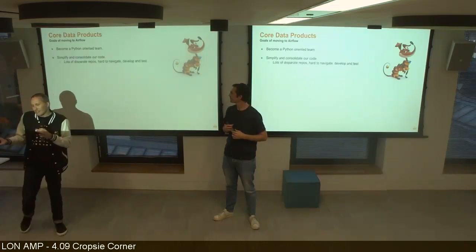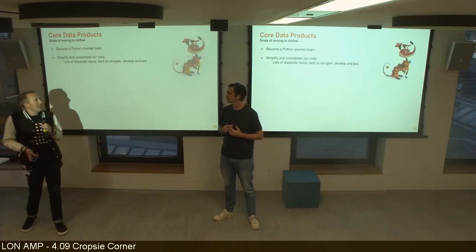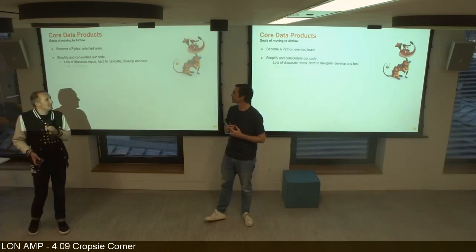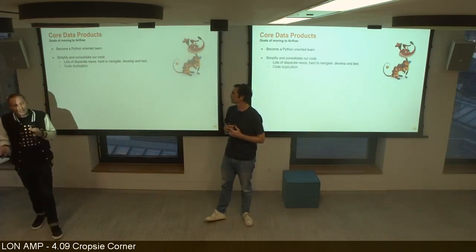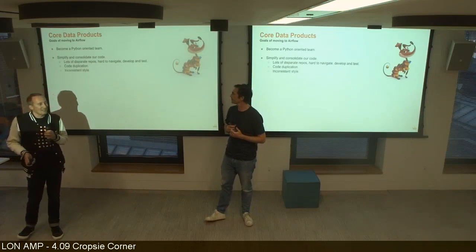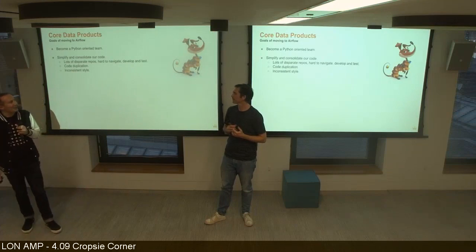What ended up happening was that basically every pipeline that we built was its own GitHub repo, and that made things increasingly hard to navigate, develop, and test. It resulted in lots of code duplication all over the place. There were inconsistent styles, and it just really needed to change.